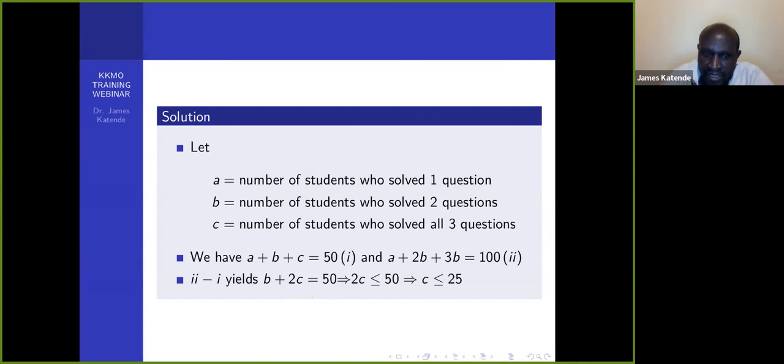I believe you can see that. Now, that means the smallest value you can get of 2C will be 50, that is if B is 0. So 2C cannot be more than 50. If you divide both sides by 2, you will see that C is less than or equal to 25. So C cannot exceed 25. The number of students who solved all three questions will be at most 25, either 25 or less.